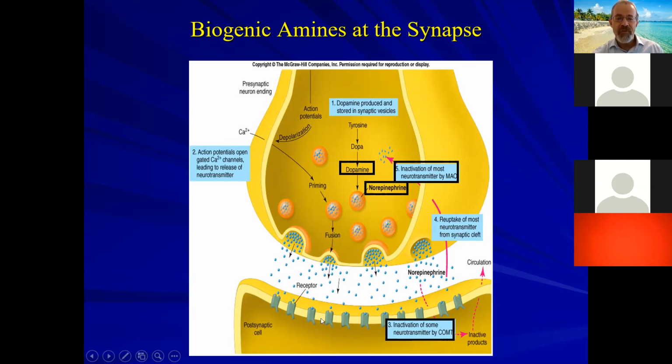Postsynaptic membrane, we have receptors, right? So much like what we saw before, calcium comes in, triggers the exocytosis of the neurotransmitter by way of the vesicles. The neurotransmitter binds to the receptor, triggers a response, which we'll look at shortly. And then those same neurotransmitters are inactivated by either COMT or MAO.